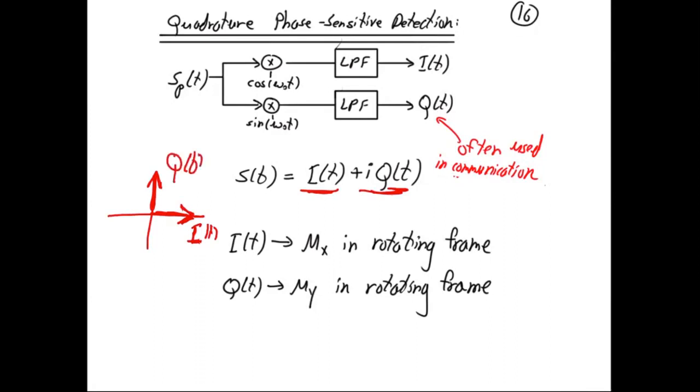And if I have a magnetization pointing in some arbitrary direction, it's going to be a combination of those, and it results in a complex valued signal. So it's a very natural thing to think of the phase of the magnetization. The phase of the signal also represents the phase of the magnetization, which is really where the magnetization is in the transverse plane.